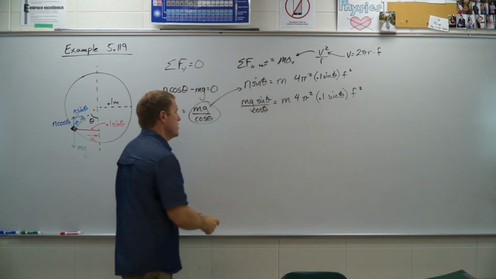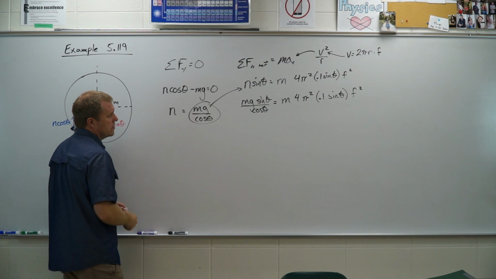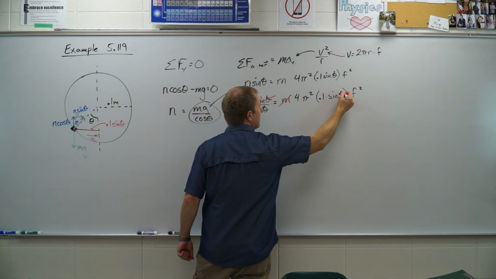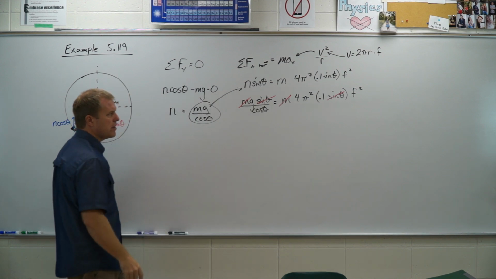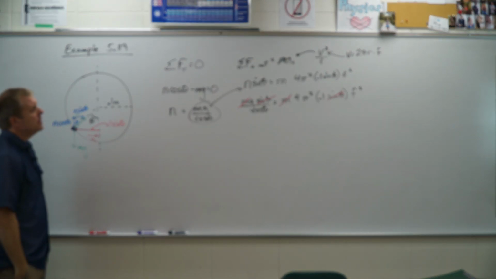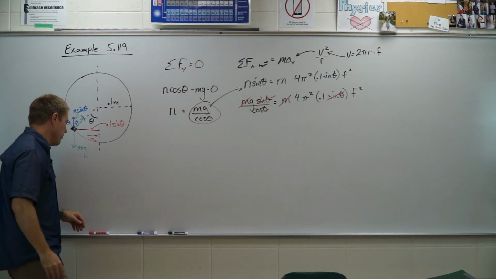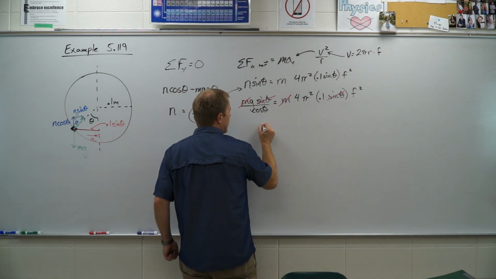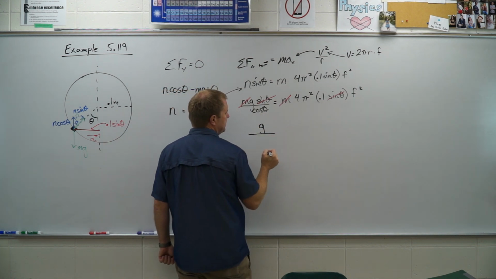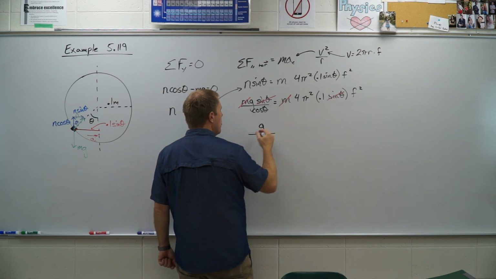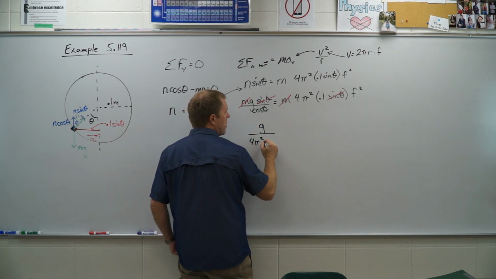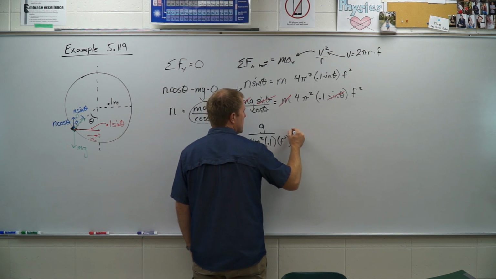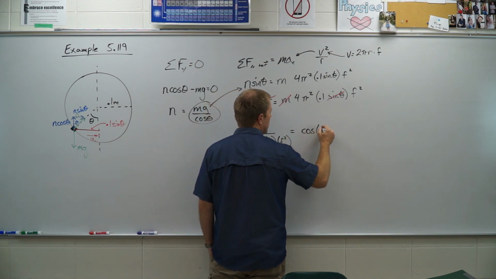All right, so we got rid of the normal force. I can also get rid of the m's now. Also, there's a sine of theta that's going to cancel out, so we don't need that. Our goal here is to solve for theta, so let's isolate this cosine. I have g divided by 4 pi squared times 0.1 times frequency squared equals cosine of theta.